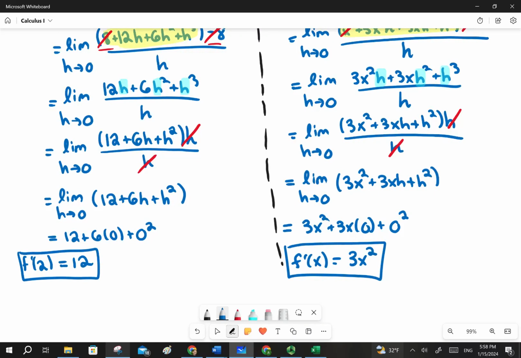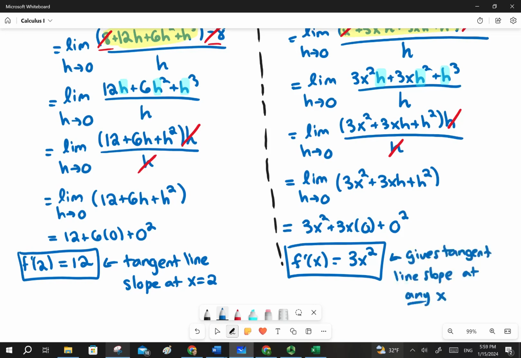But now, instead of having just the tangent line slope at x equals 2, we can use this formula, f prime of x equals 3x squared, to find the slope of the tangent line at any x value.